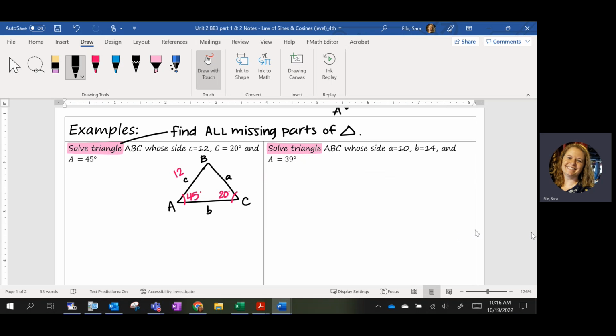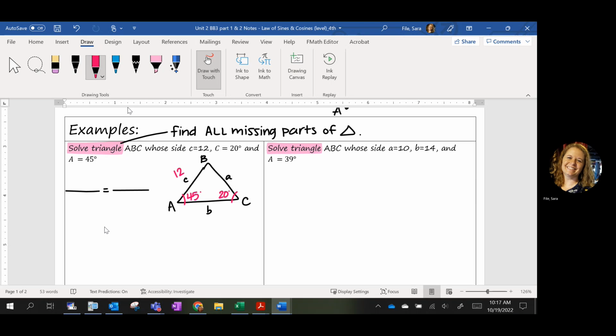I've got an angle and the side across from it for C, angle C and side C. When I'm deciding what to use for my proportion, I definitely am going to have to use C, because that's the only one out of A, B, and C where I know the side and the angle. Then what's the third piece that I know?